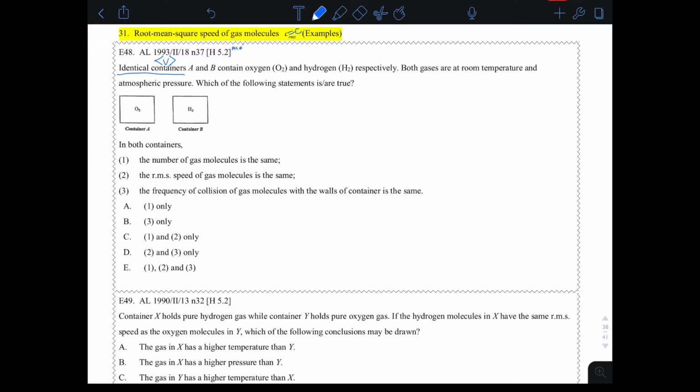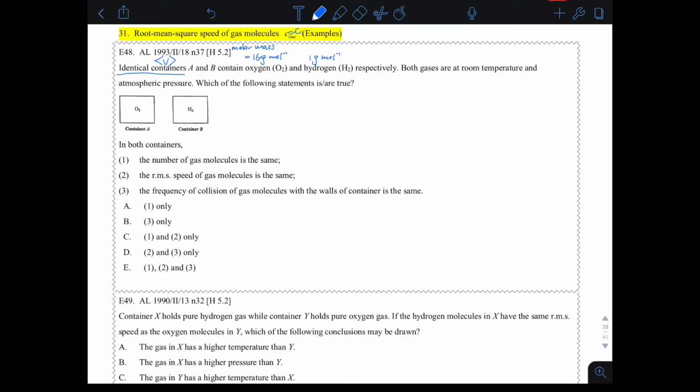To be more exact, the molar mass for oxygen is 16 gram per mole, while for hydrogen it is 1 gram per mole.